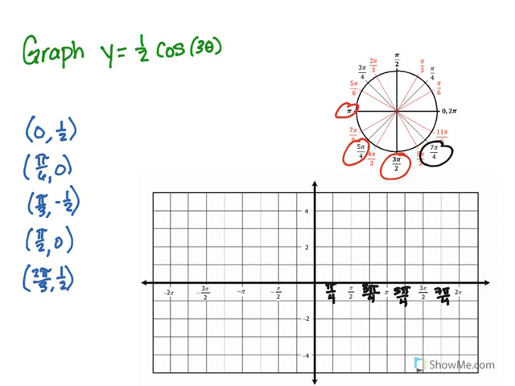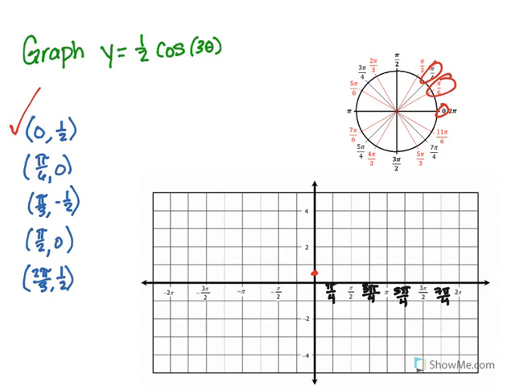So let's graph the first one, which is 0, 1/2. That one's done. Next we need pi over 6, 0. And if we go back and look at our unit circle, pi over 6 is between pi over 4 and 0.